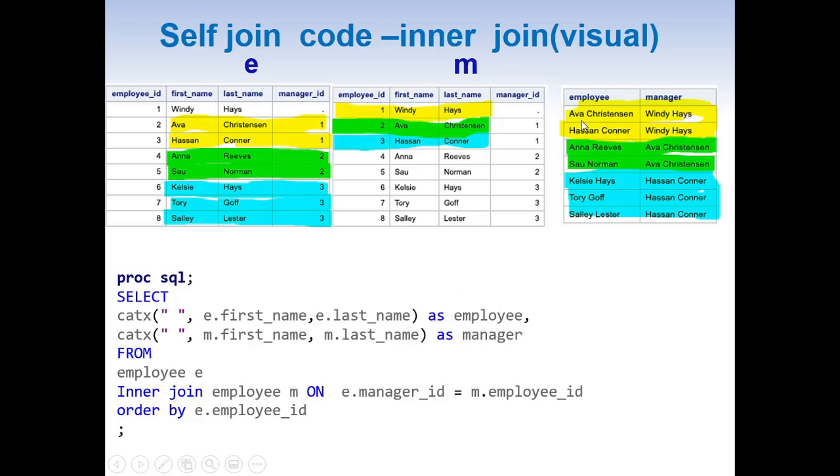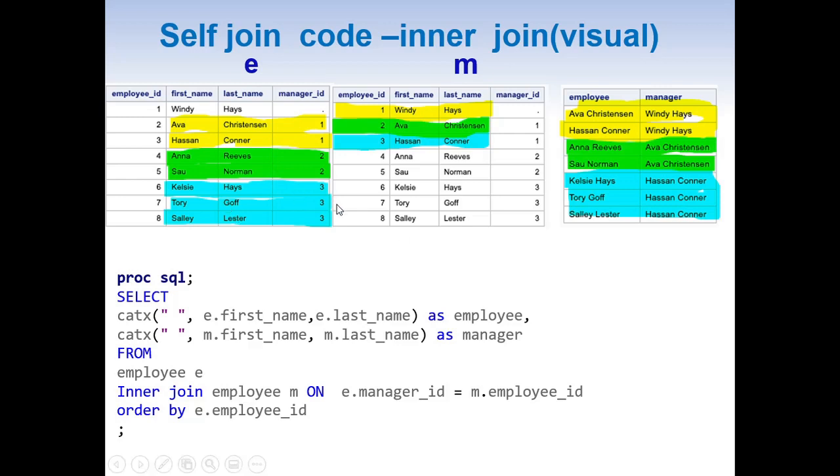That's what you can see in the result here. And we are also concatenating first name and last name from M and calling it manager, and you can see that in the results here. The remaining part of the results is self-explanatory.